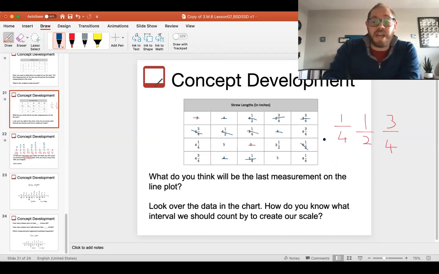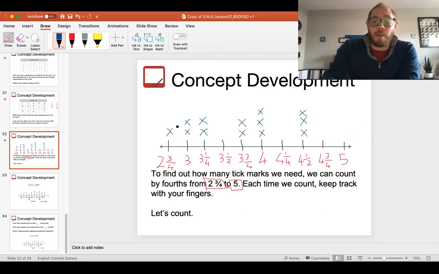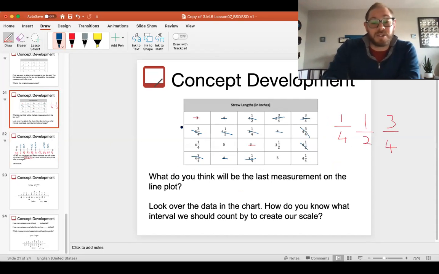Let's go find the next one. 4 3/4. So there's 1. There's 2. Just 2. So I'm gonna put 2 X's above 4 3/4. Make sure you're putting the X's above the right numbers, the number that you were counting up and crossing out.